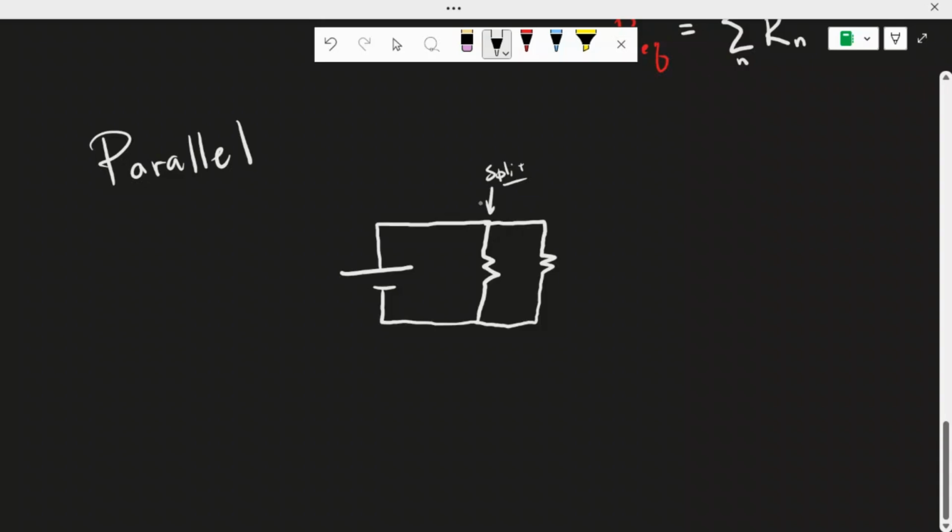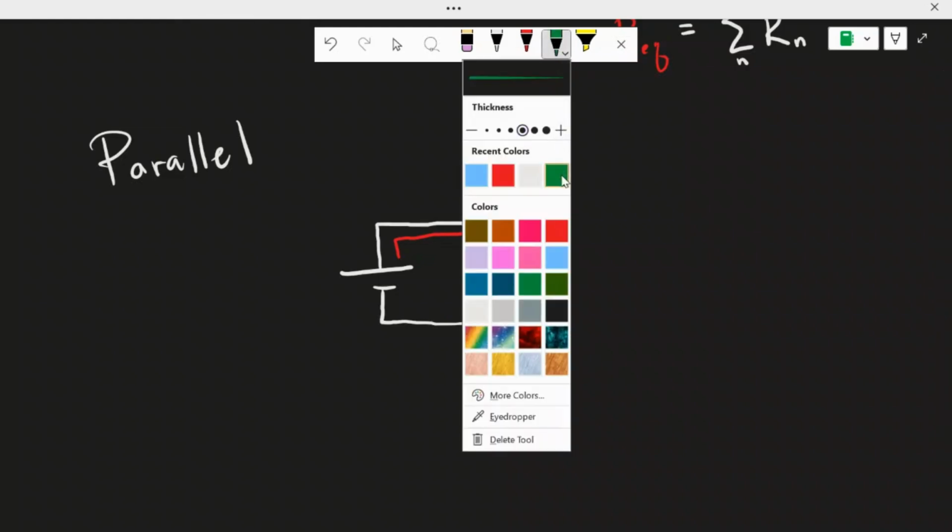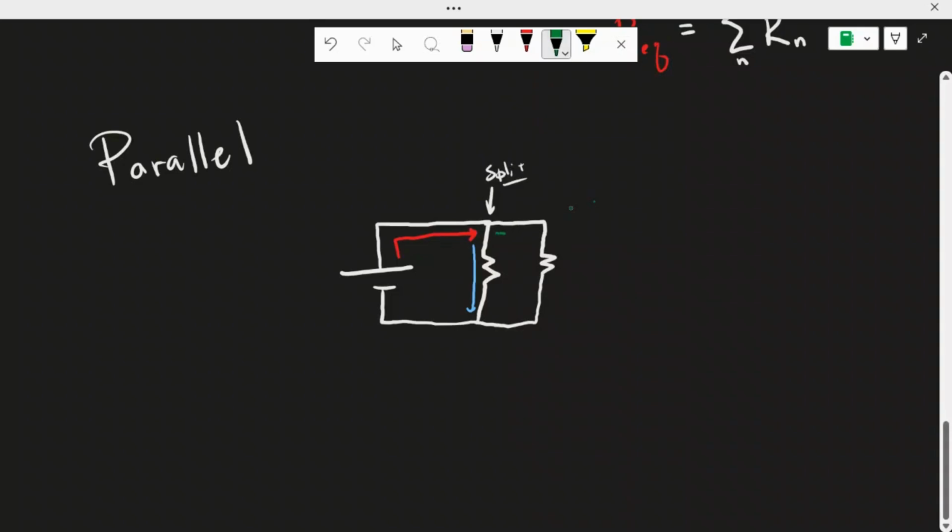Right, so some current, I'm going to draw out the current now so you can see where it goes. Some current will come out this way and reach this split. Then some of that current will go down, and some other current will go this way. And then when they join back together, they go back to that original value for the current.